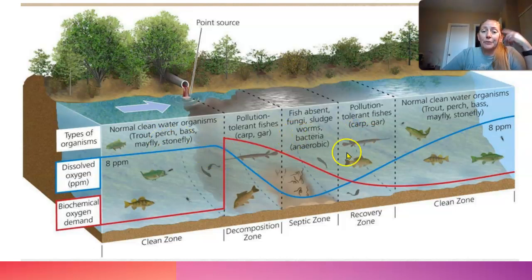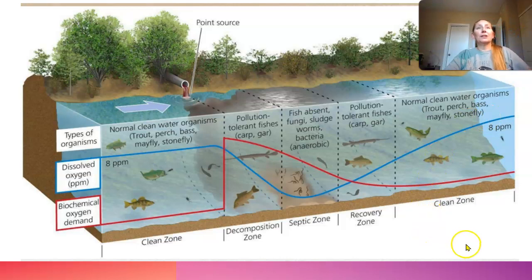So you can have fishes like carp, which can deal with dirty water. They don't have huge high oxygen requirements. Here in the septic zone, where dissolved oxygen is at its lowest, you don't have any fish because there has to be some oxygen in the water for fish to survive. And then again, as you get further and further away from the source of pollution, oxygen levels begin to go back up to normal.